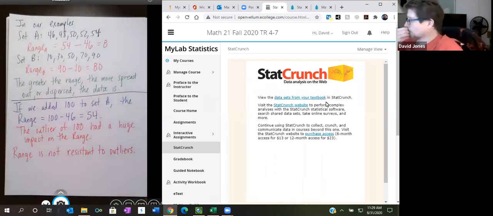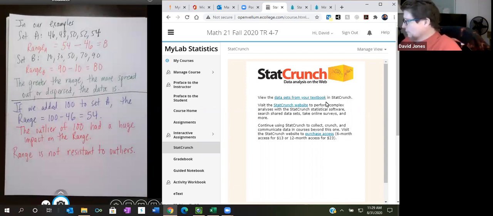Okay. That's one way we measure spread. That's not the best form. That just shows us what our smallest and largest values are.